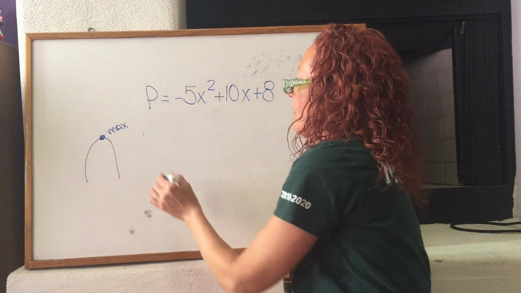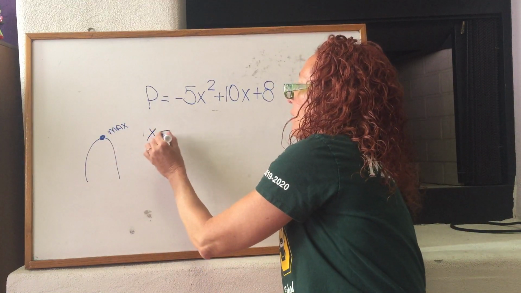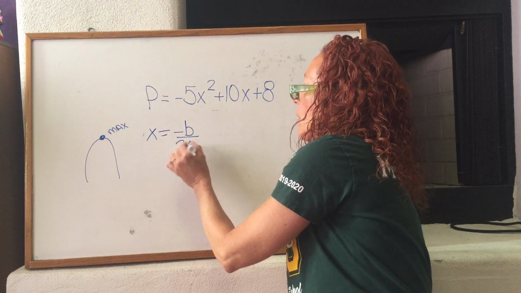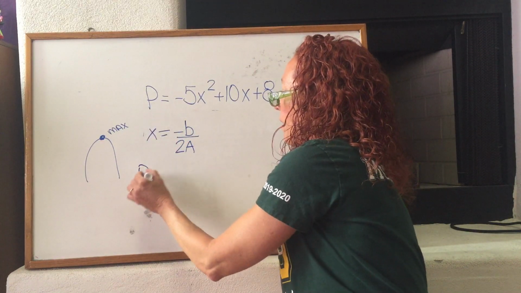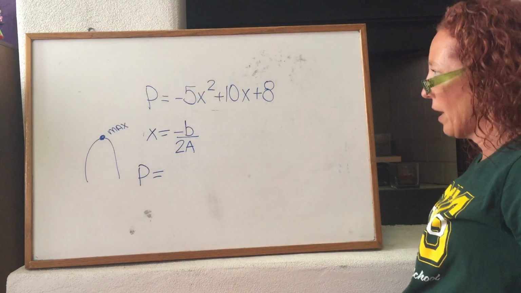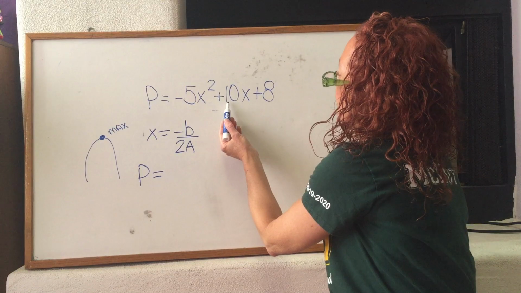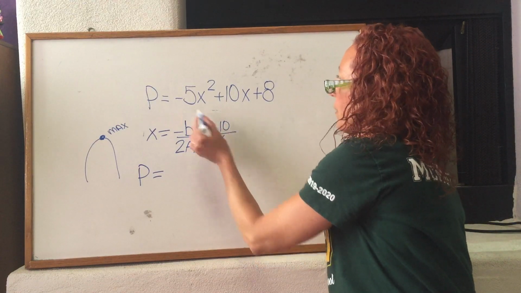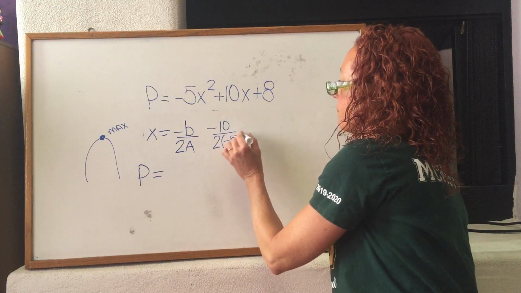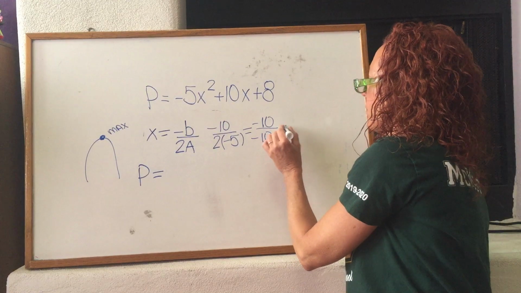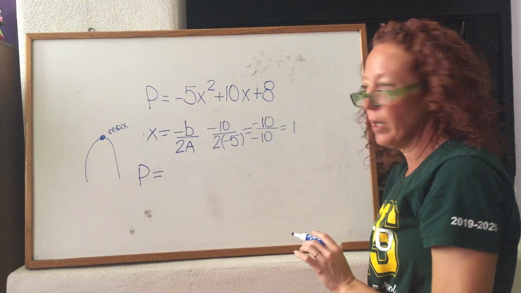In order to find that vertex, we're going to use the shortcut formula: x is negative b over 2a. And then the y value is whatever we get when we substitute that value in for x. So if b is positive 10, we're going to do negative 10 over 2 times minus 5. That gives us negative 10 over negative 10, so that answer is 1.